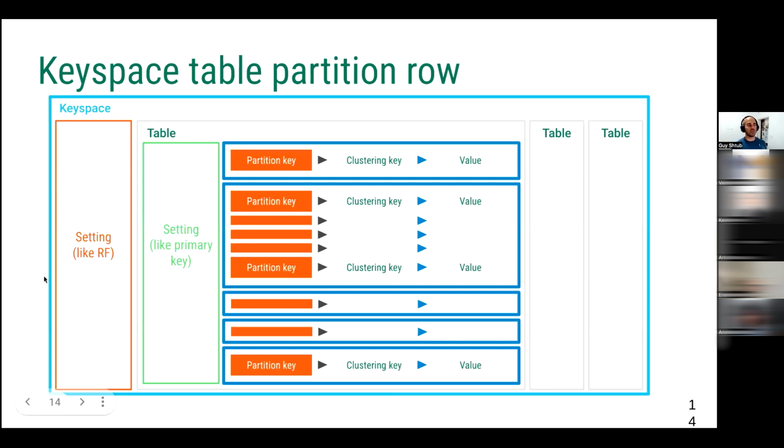So the definition of the consistency level is the number of nodes that must acknowledge a read or a write request. Some possible values are 1, quorum, local quorum, or all. And the consistency level is set per operation.